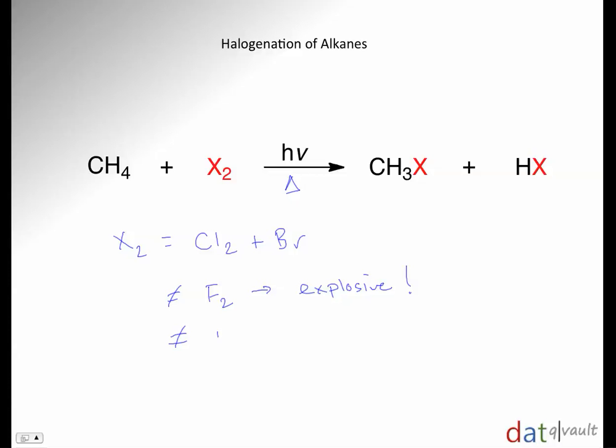This reaction also is not done with iodine, and that's because the reaction itself is too endothermic, so the reaction actually doesn't go at all. So just remember that for halogenation of alkanes, you're only going to likely see chlorination and bromination.